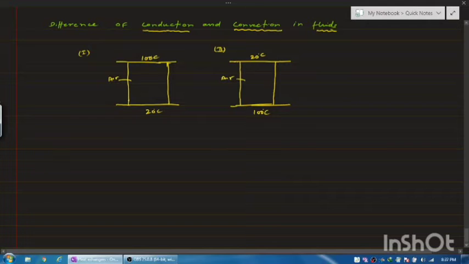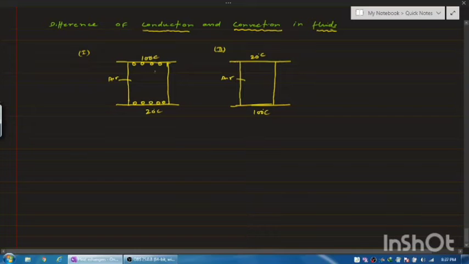So as both the containers are filled with air, the air particles which are close to this surface will acquire the temperature of around 100 degrees Celsius, and the air particles in the first container here will acquire the temperature of 20 degrees Celsius.